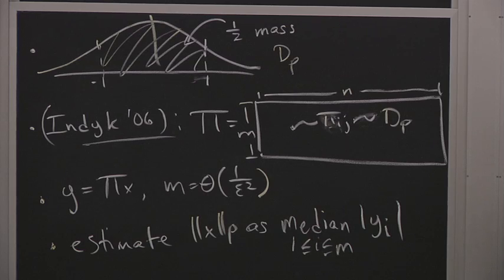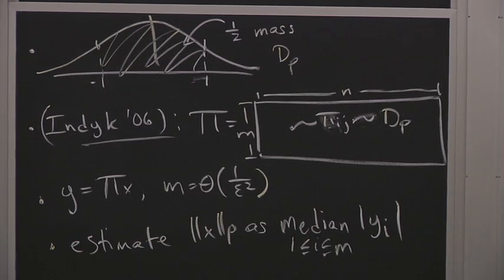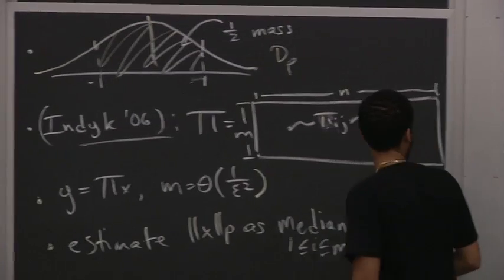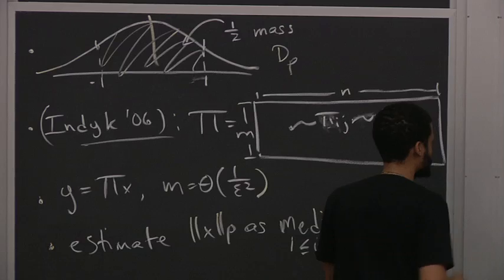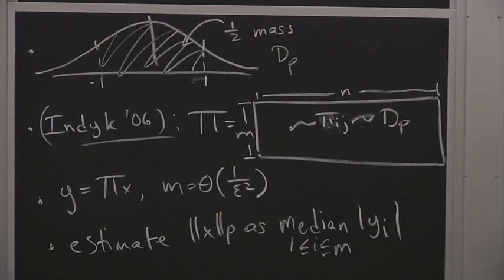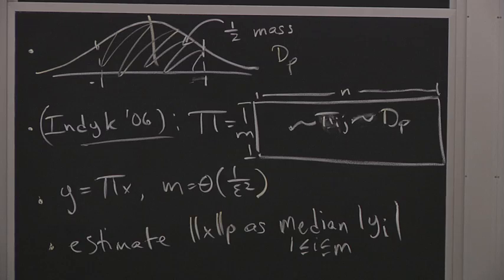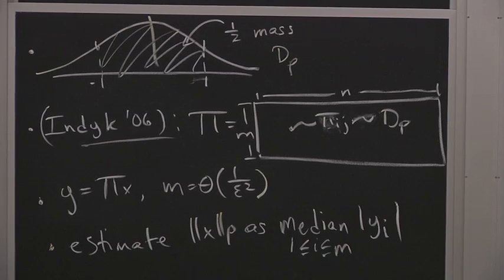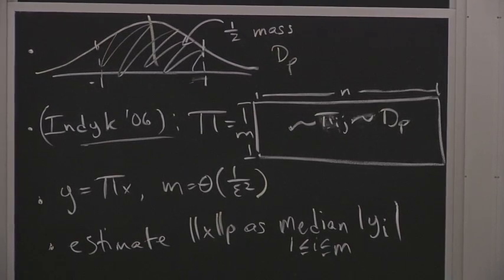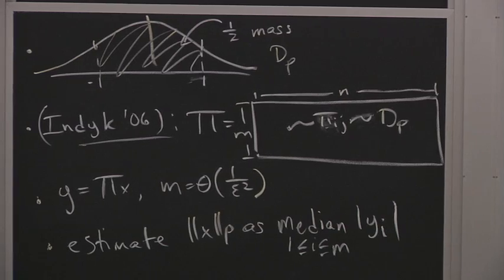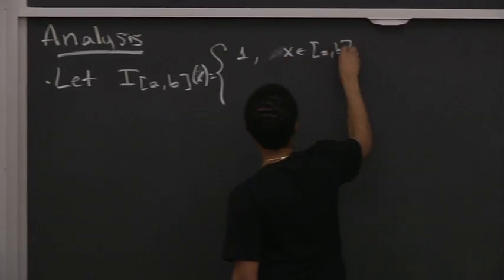I'm going to let I_[a,b] be the indicator function of the interval [a,b]. This is a function. It's 1 if x is in that interval and 0 otherwise.